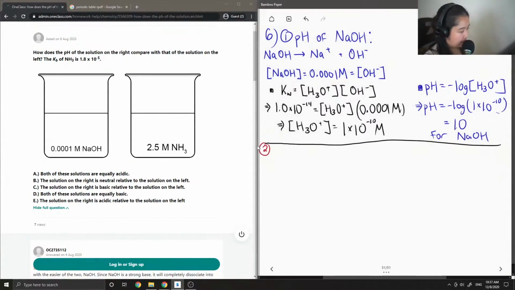So now step 2 is just to find the pH of our weak base NH3. Weak bases only partially dissociate into their ions. So I'm going to show its dissociation equation.